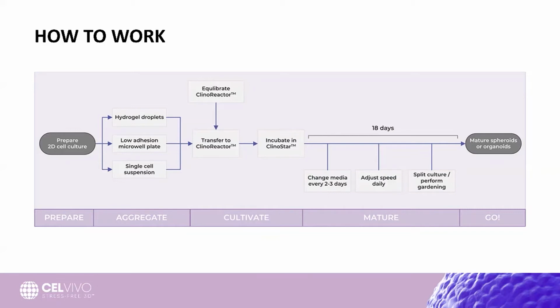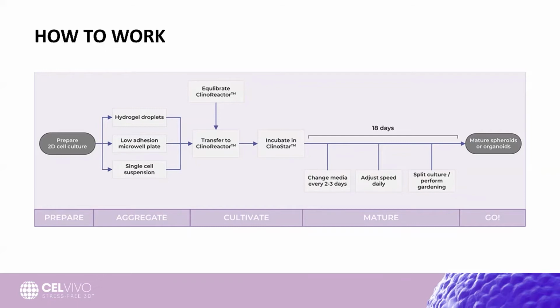During this maturation phase, which can vary depending on the nature of your samples, you should benchmark that towards the native tissue you want to model. But during the maturation phase, you change the media, like in regular cell culture. You need to do a speed adjustment, and you can also split or sample your culture along the way to follow the development.